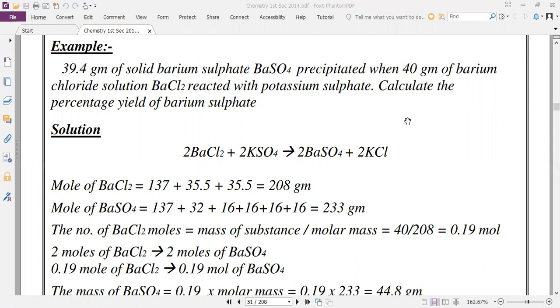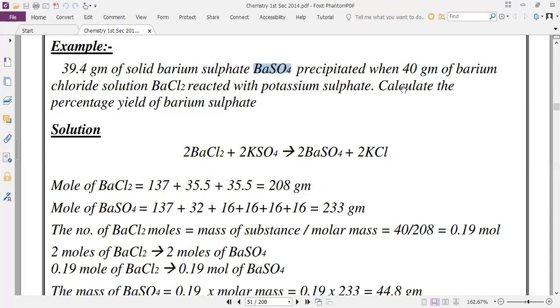Yes. Okay. First, we are going to search for the known numbers. What about the known numbers? First, BaSO4, its known mass is 39.4, right? Yes.